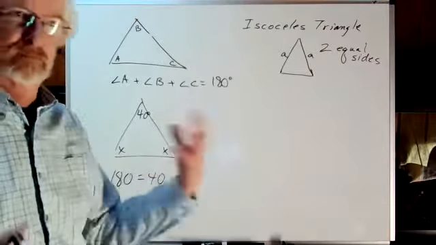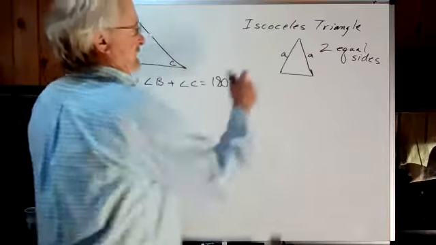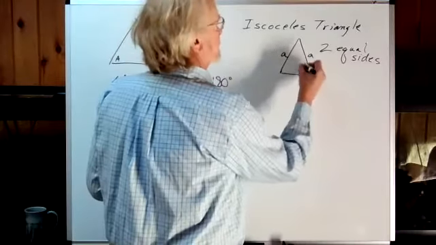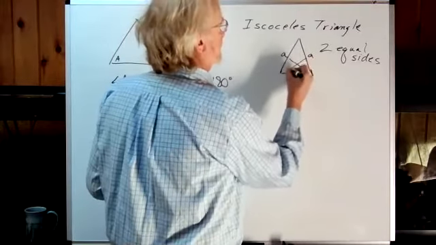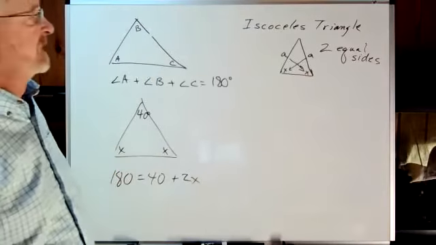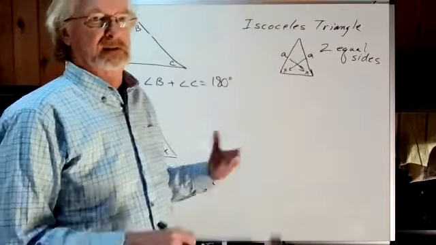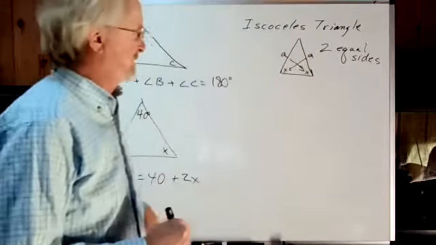Interesting thing, it's one of those things they prove in a geometry class. If those sides are the same, then the angles opposite are also the same, kind of like that one a minute ago, right? So that's just a little bit of geometry relationship there.